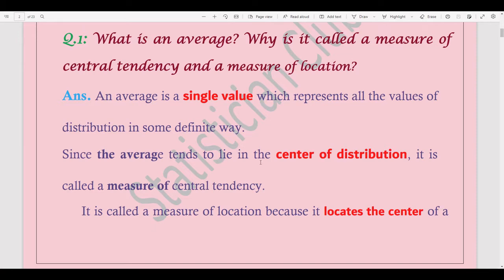Since average tends to lie in the center of the distribution, it is called measure of central tendency, because you get a single value that lies at the center of your data set.